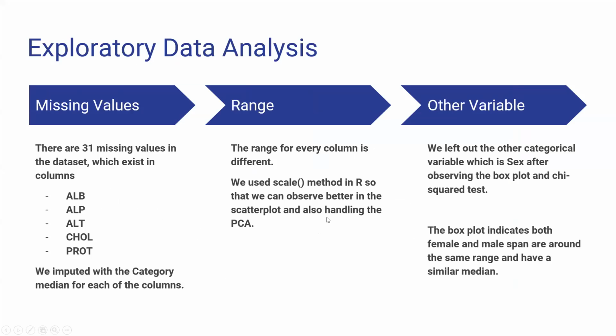We also noticed that the range for every column is different, so we used the scale method in R so that we can observe better in the scatter plot and also handle the PCA. Then we left out the sex variable after observing the box plot and also the chi-square test. Based on the box plot that we created, both female and male span around the same range and have a similar median.